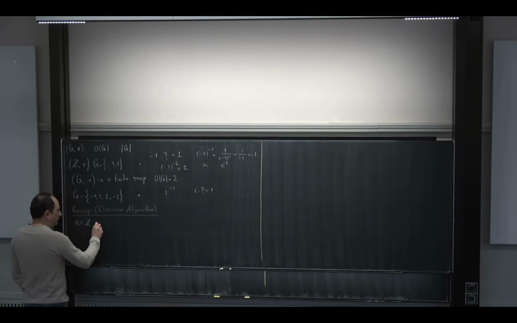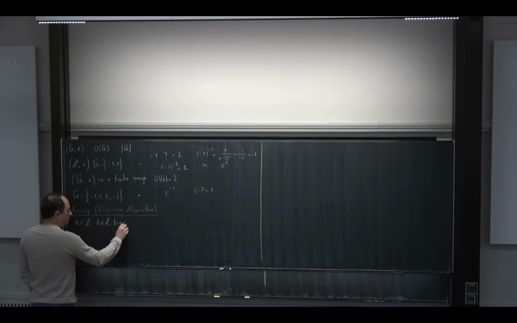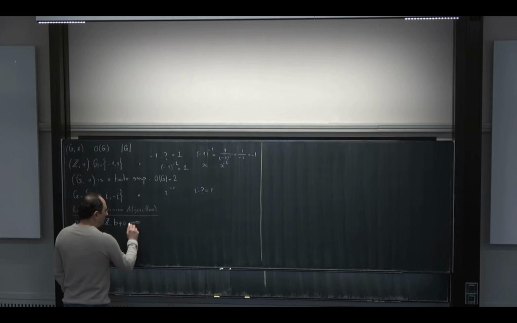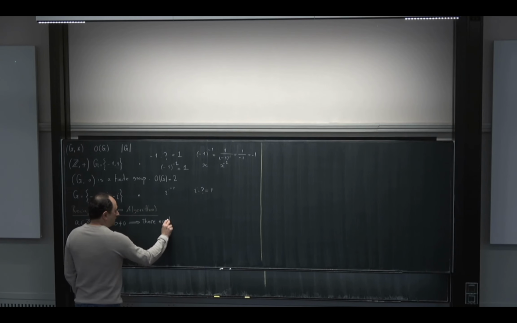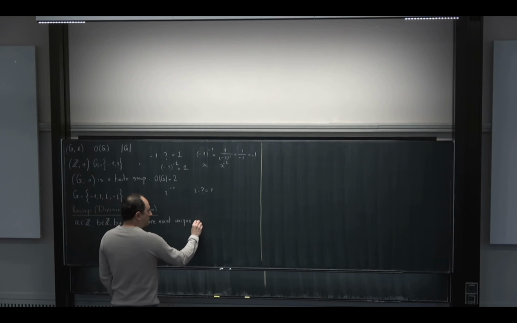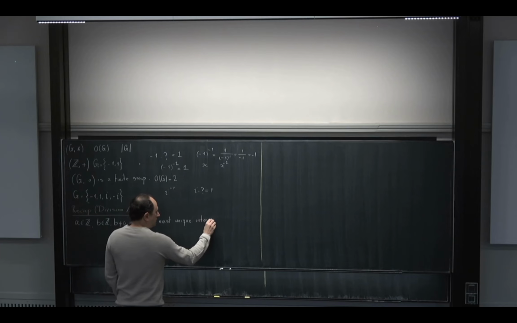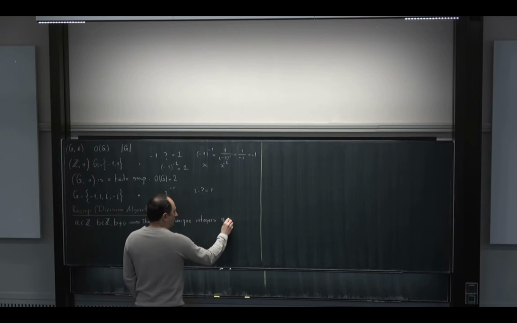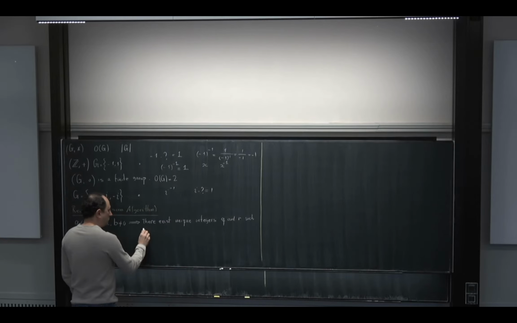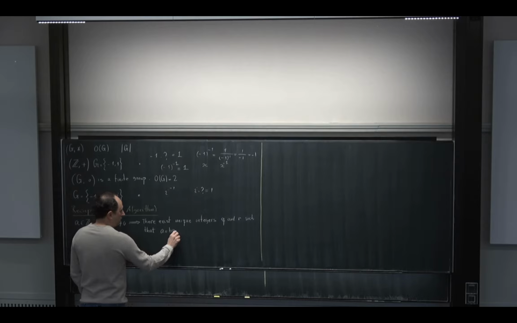and if I give you another integer b, but I assume that b is not 0, then the division algorithm tells you that there exist unique integers q and r such that a is equal to bq plus r.